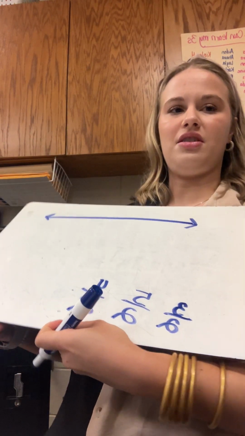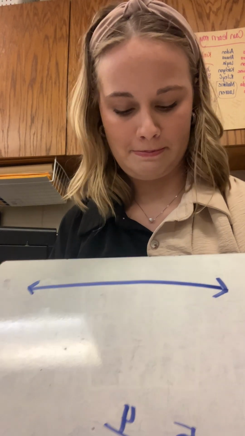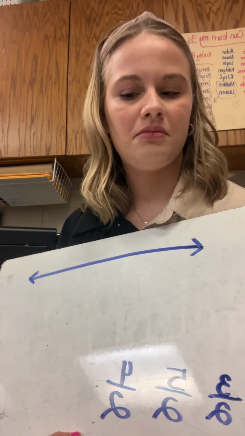Read those fractions again to me. 3 halves, 5 halves, 4 halves. So I want everyone to draw their number line on their scratch sheet of paper, and you can write your fractions down under it like I did.